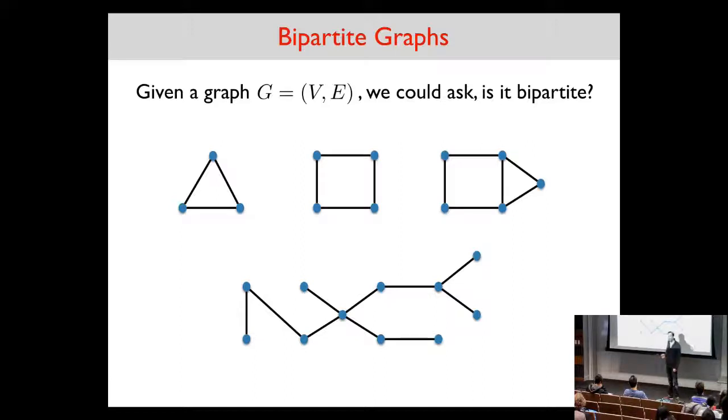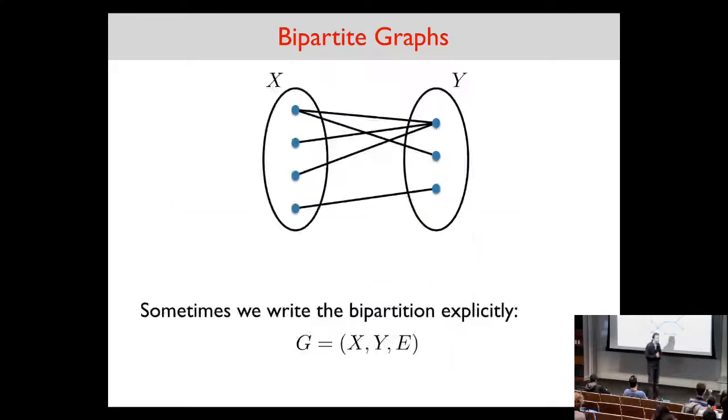So how do you actually determine whether a graph is bipartite or not? Is there an algorithm for this? Well, I'm not going to tell you what the algorithm is, but you're going to figure it out in the homework. It's a good problem. Sometimes we give the bipartition explicitly.